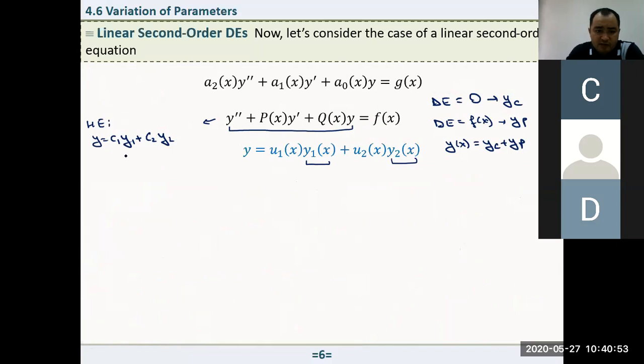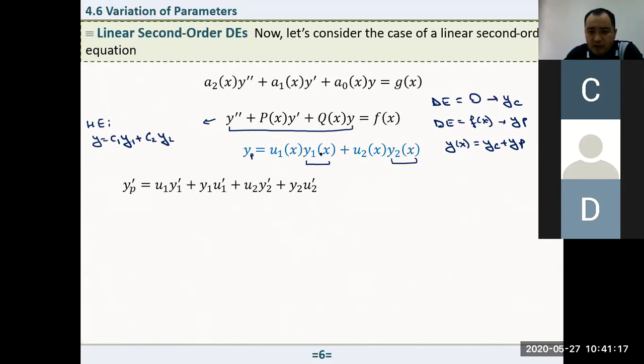So now we are assuming that this constant is u sub 1 of x, a function, and c sub 2 is also a function. Does it give us the particular solution of this differential equation? When we make this assumption, we then look for the particular solution. That is y sub p.